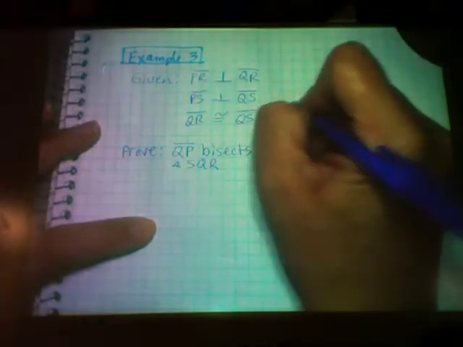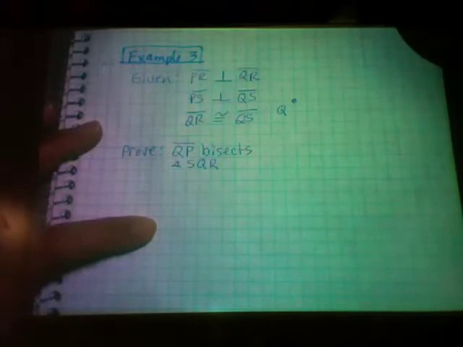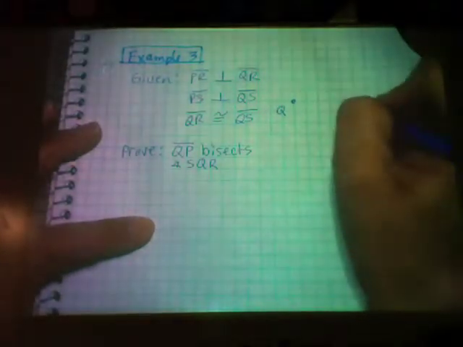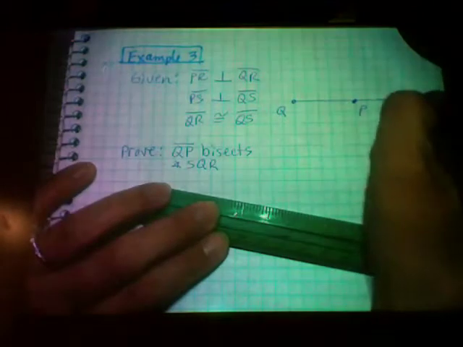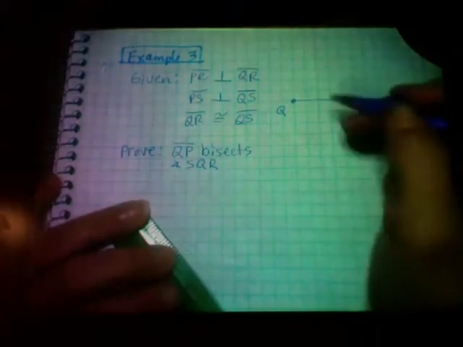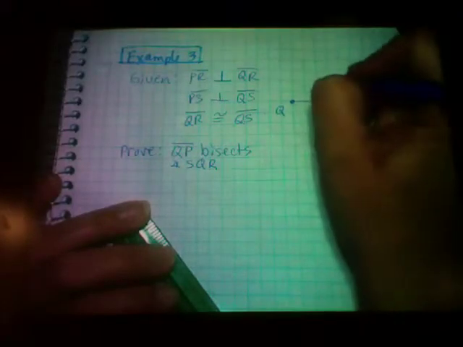So here's Q. And then P is right here. I want you to draw a ray from Q through P. And then S is here.